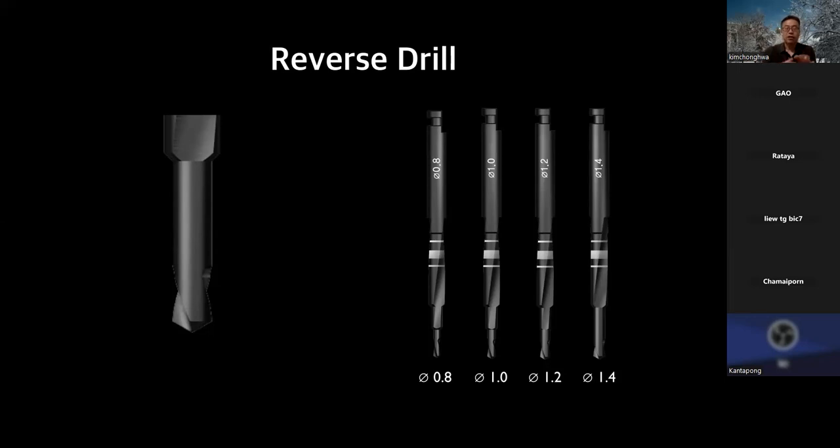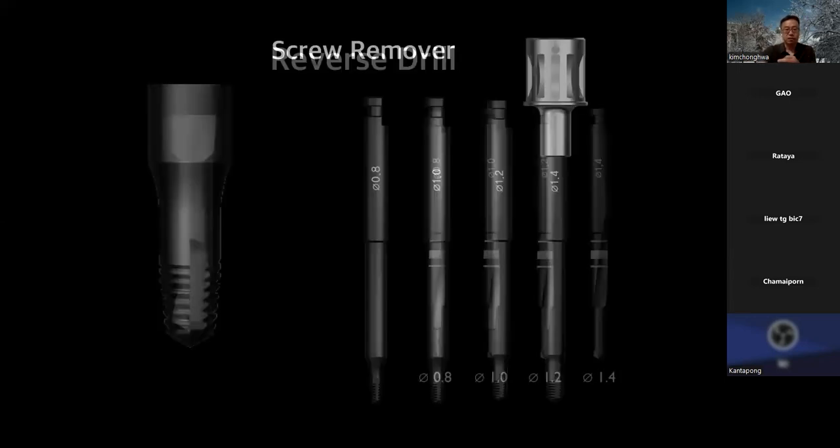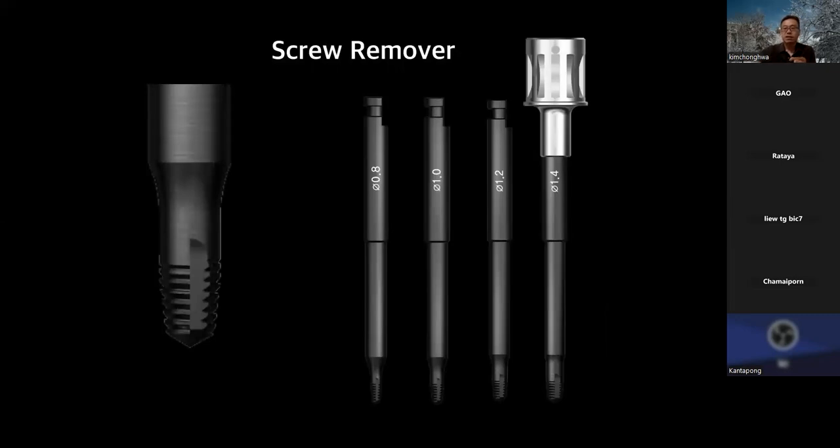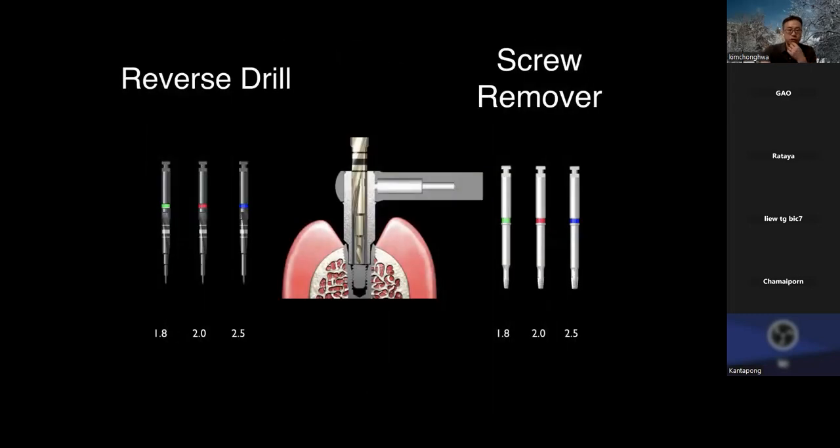And this is actually to get engaged into the notch created by the reverse drill and rotate the screw out at low RPM again.